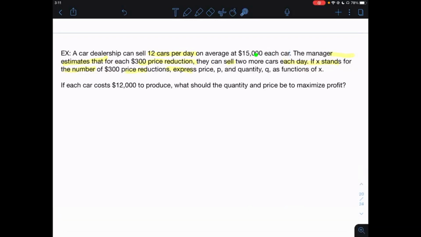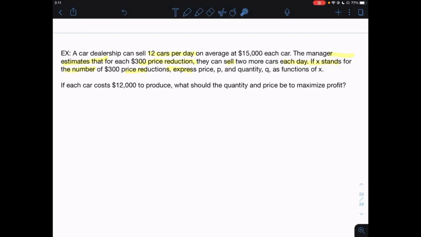We need to know the original price of the car. All right, so these cars that they're selling, they cost $15,000 each. At this price point, they sell 12 cars per day. But the manager believes that if we reduce this price by $300, for every time we reduce that price by $300, we can sell 2 more cars per day.